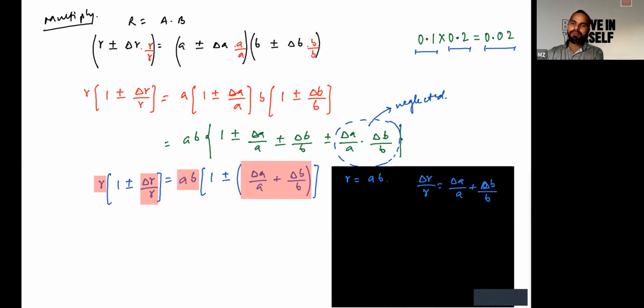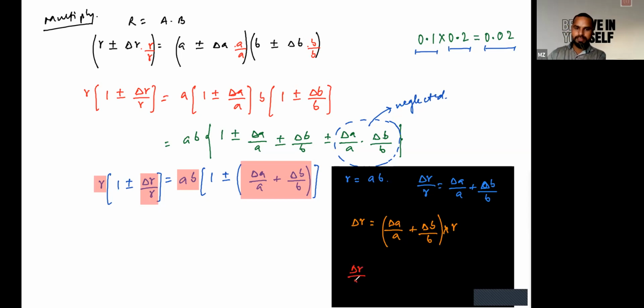But if you have to calculate the error part only, move this R to the other side, and you will get delta R equals delta A by A plus delta B by B, and the whole multiplied by R. And if you want to calculate percentage error, just multiply the fraction part by 100.